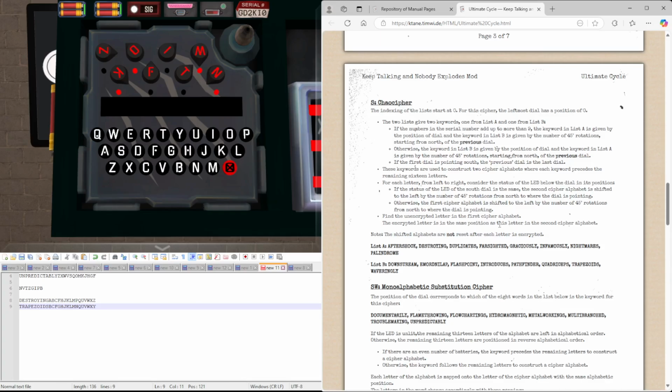These alphabets are not reset, these letters become encrypted, so it adds on to itself. So the first one, it's not the same, so the first cipher alphabet is shifted to the left by number 45-degree rotation from north, so 2.